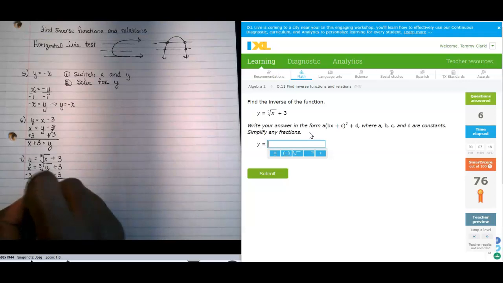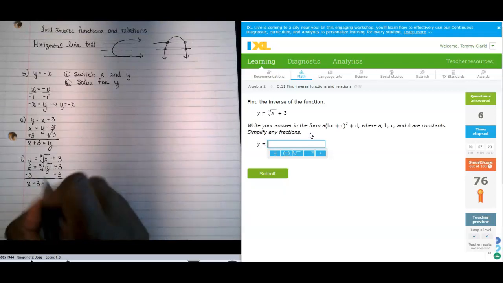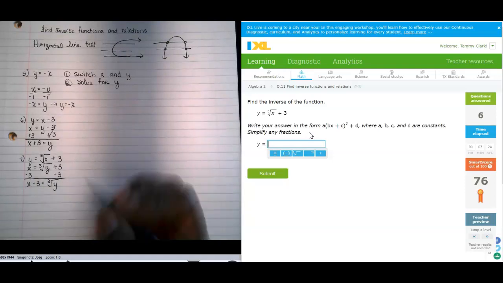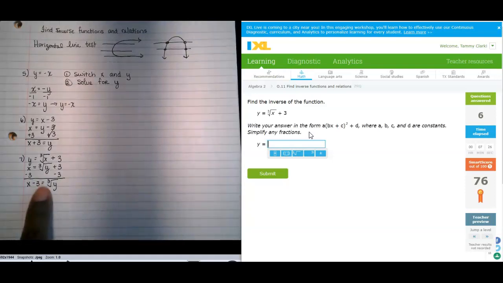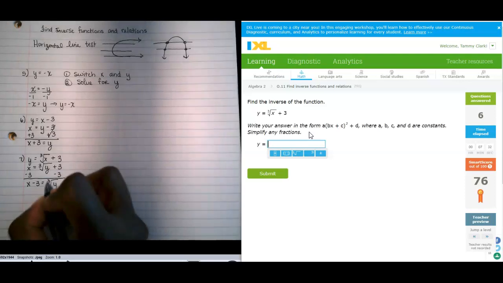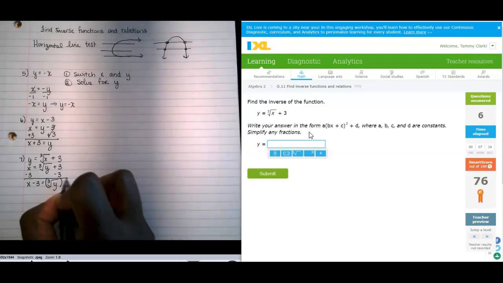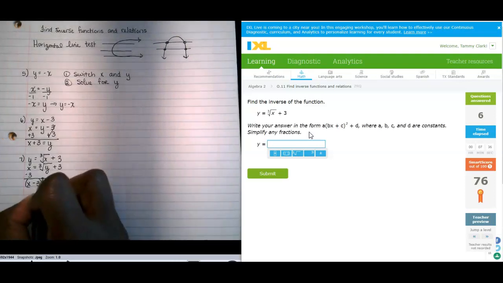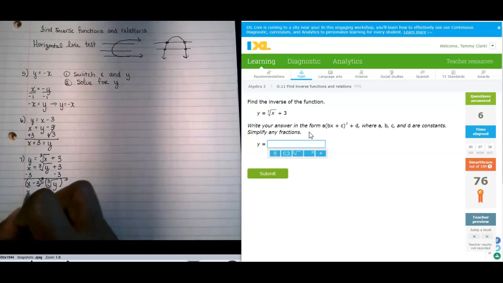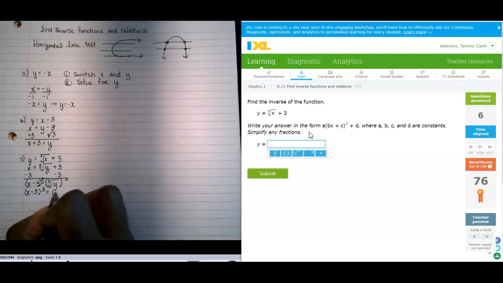That gives me x minus 3 is equal to the cube root of y. Now remember, the only thing that can undo this root is to raise it to the power of 3. So I'm going to raise both sides of the equation to the power of 3, and I get (x minus 3) cubed is equal to y.